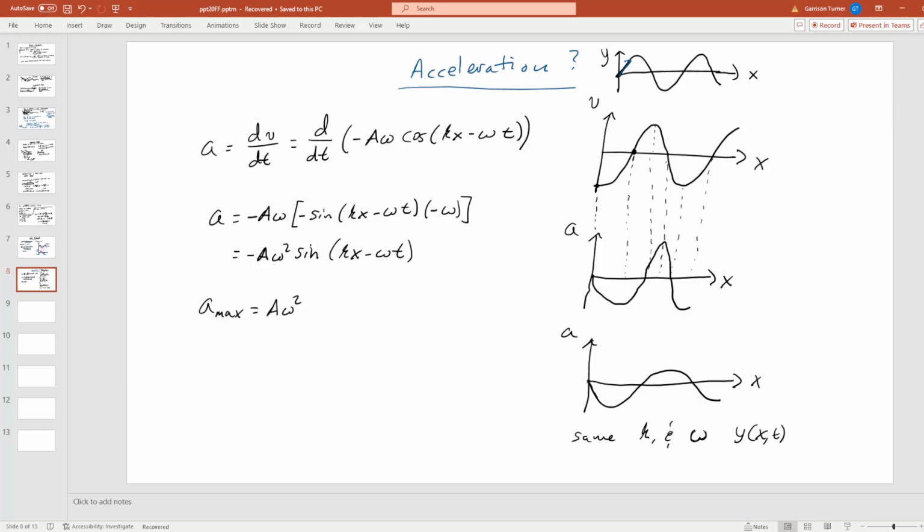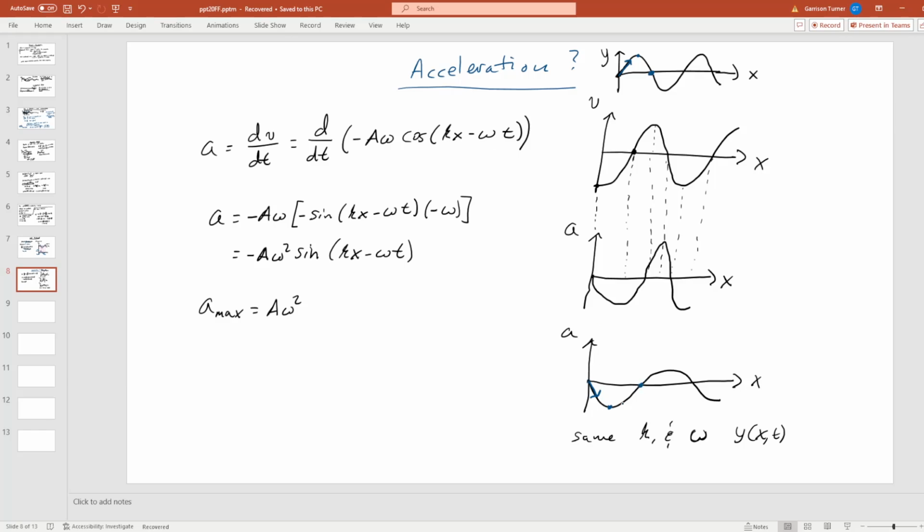But when I start moving up that direction, my acceleration is in this direction. Okay. And then my maximum acceleration occurs when the displacement is maximized, but my acceleration is negative in this case. And then when my position function is 0, my acceleration is 0.